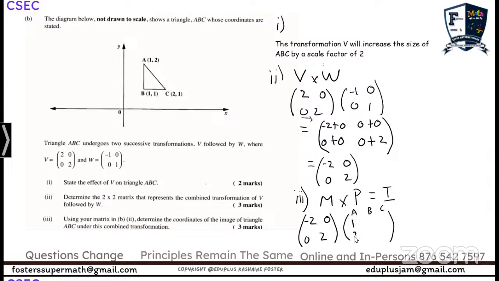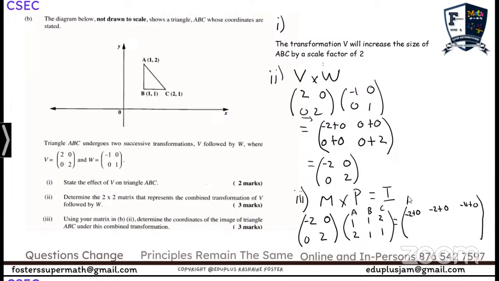What is A? 1, 2. What is B? 2, 1. And what is C? 1, 1. All we got to do here now is just to multiply. So row by column. Negative 2 times 1, that's negative 2, plus 0 times 2, 0. Then negative 2 times 2, negative 4, plus 0.